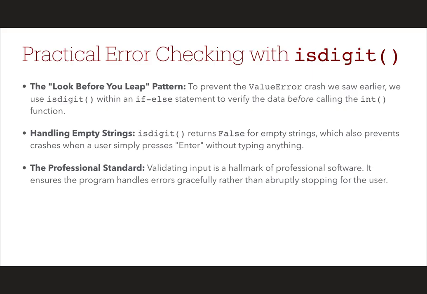But if I combine one of those functions, for example the isdigit function, probably I can avoid that error message. And the isdigit function returns false for empty strings, which also prevents crashes when a user simply presses the enter key.